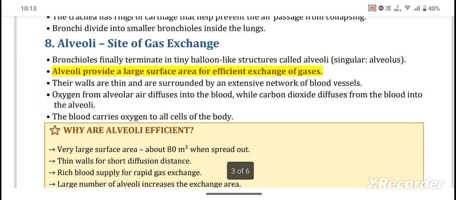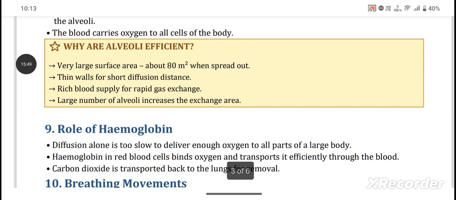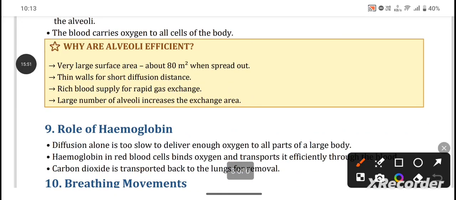Oxygen from alveolar air diffuses into the blood, while carbon dioxide diffuses from the blood into the alveoli. The blood carries oxygen to all the cells of the body. So why are the alveoli efficient? They provide a very large surface area, about 80 square meters when spread out, thin walls for a short diffusion distance, and a rich blood supply for rapid gas exchange, and the large number of alveoli increases the exchange area.